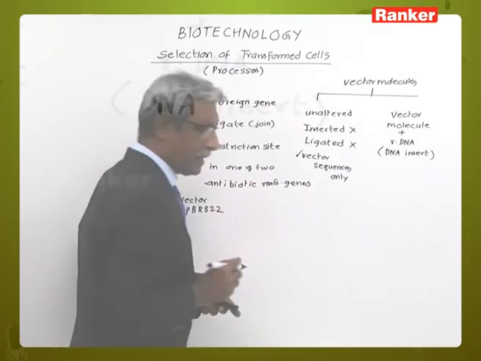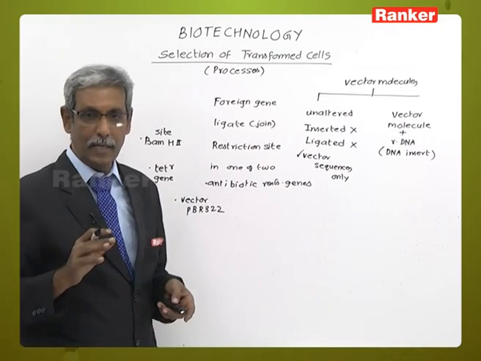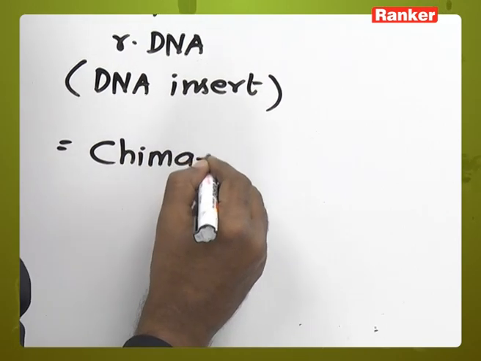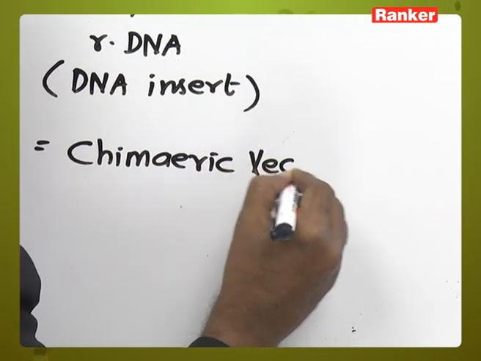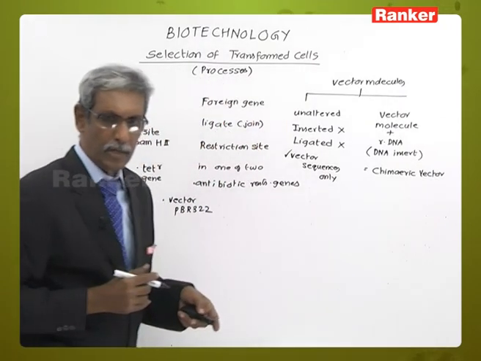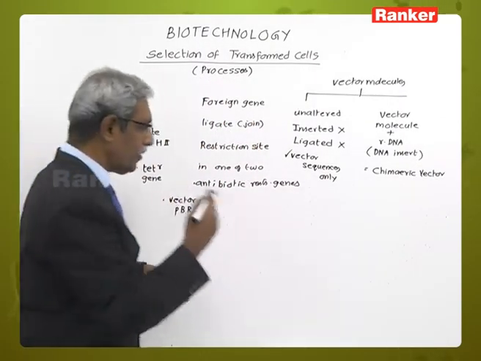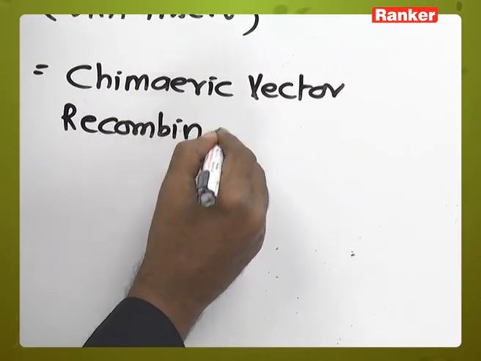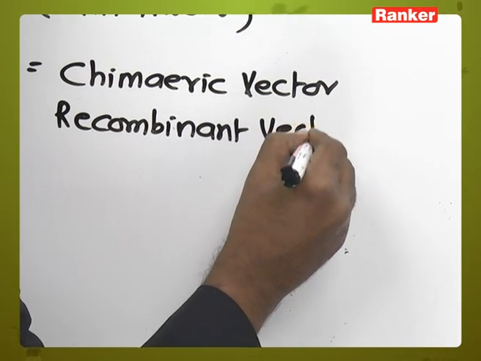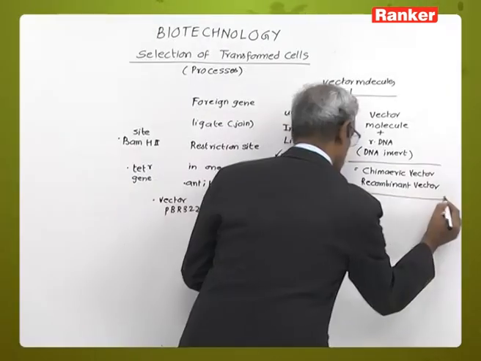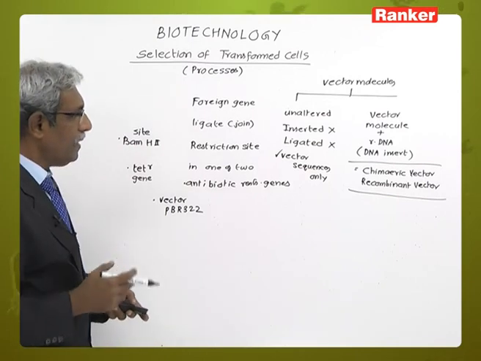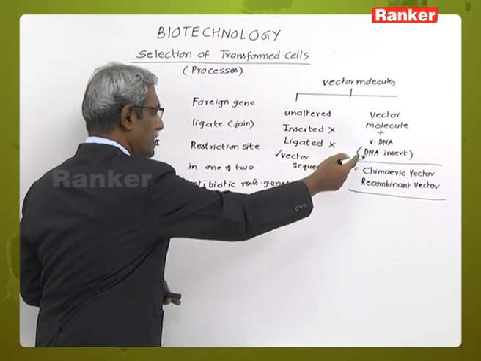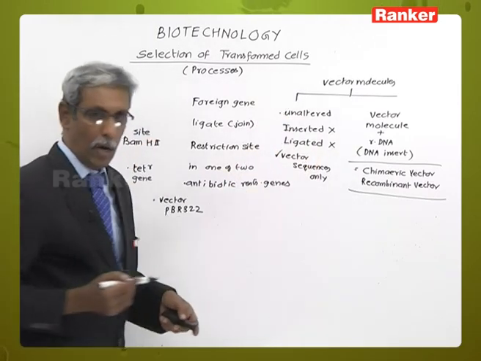Now, when it has got the DNA insert, it is termed a chimeric vector. It is also called a recombinant vector. So, a recombinant or chimeric vector has got the DNA insert, and sometimes it can take in the DNA insert, or else in some cases it remains unaltered.